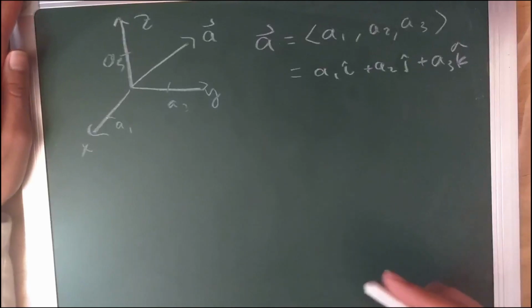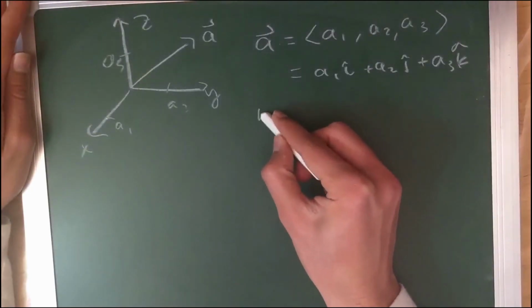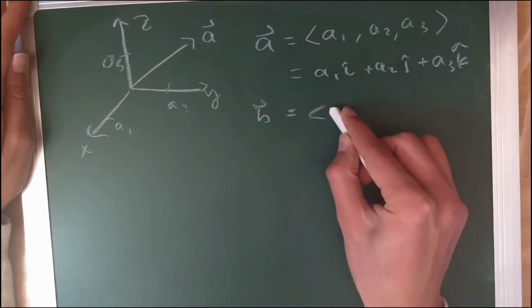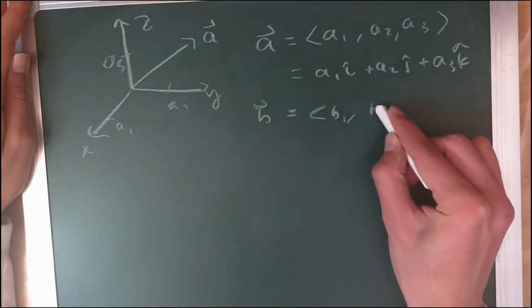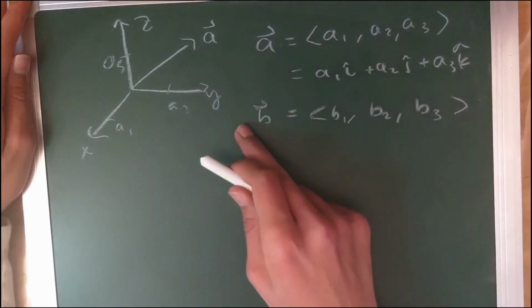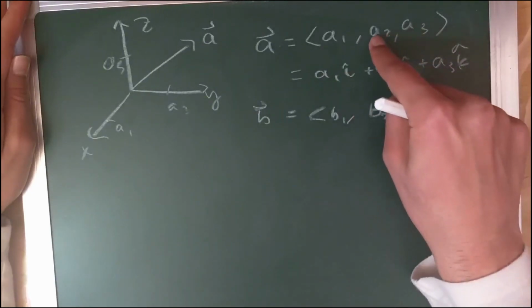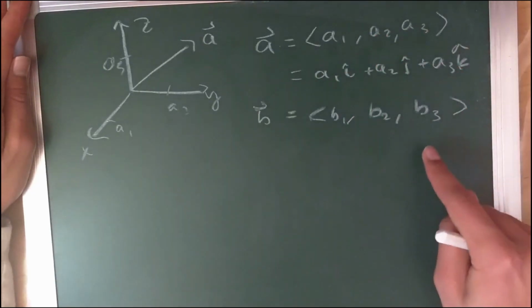Now to add two vectors, it's pretty simple. All you do is add the components. So if b is equal to b1, b2, and b3, then a plus b will just be a1 plus b1, a2 plus b2, and a3 plus b3.